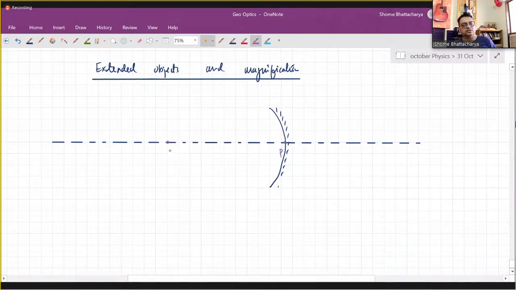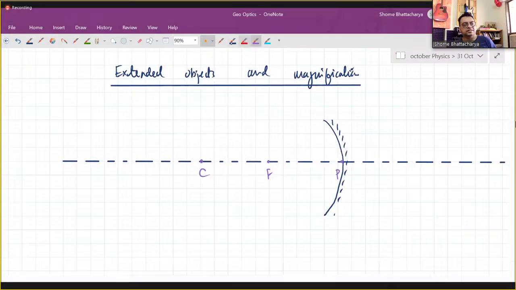So let's say this is the center of curvature and this is the focal point. Now we consider an extended object like this. Now let's here, for example, consider an object AB like this.